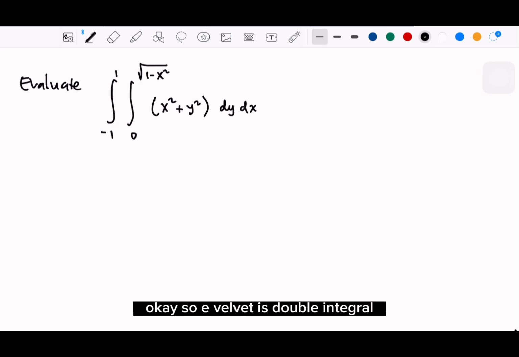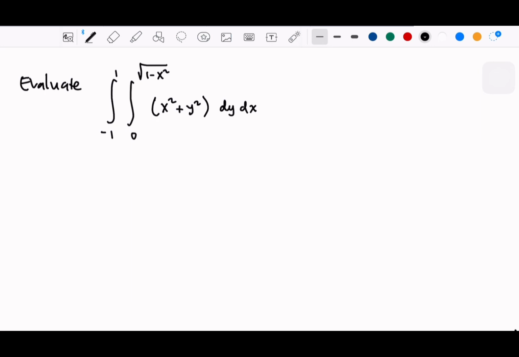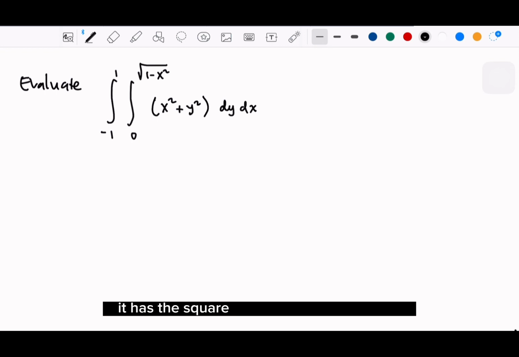Okay, so evaluate this double integral. If you see the integrand, it has the square root of 1 minus x squared.